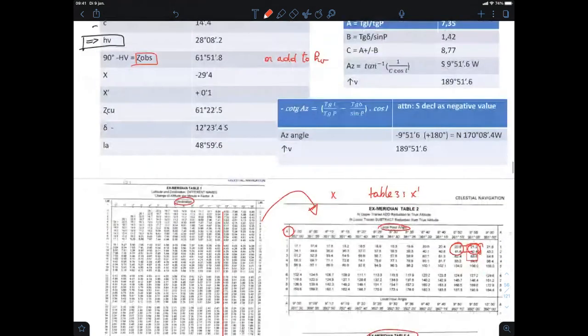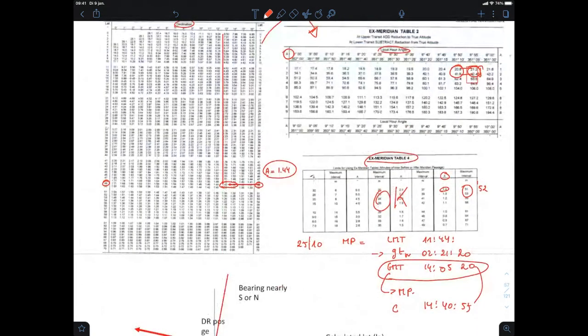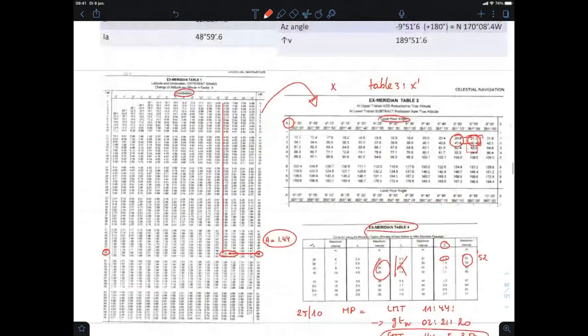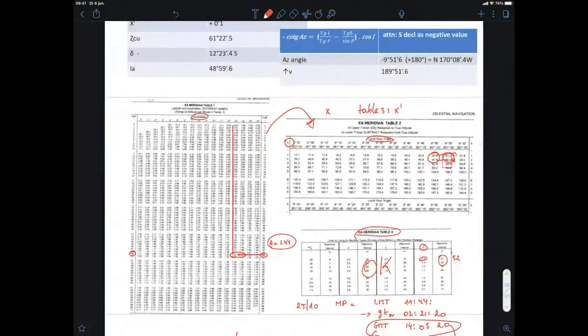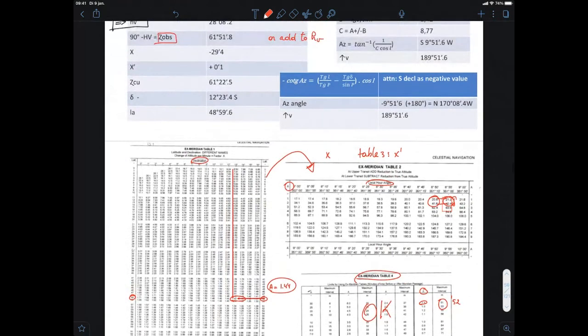Voilà. Then we go to the second correction. Our first correction was 29.4. And so if you look this up in table 3, you find there that the second correction is plus 0.1. Okay, if you have trouble finding this, don't hesitate to ask.